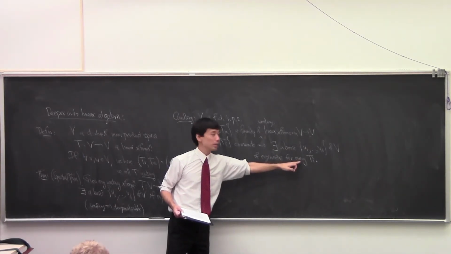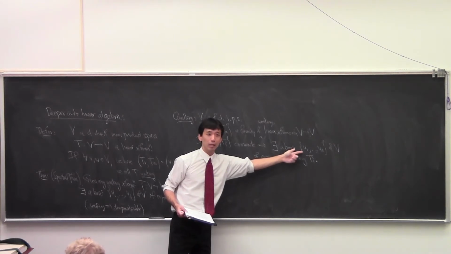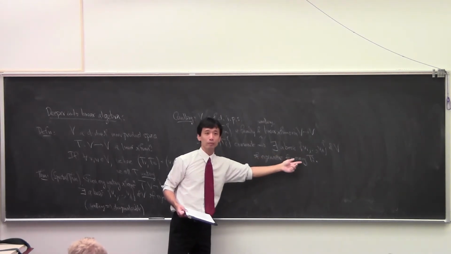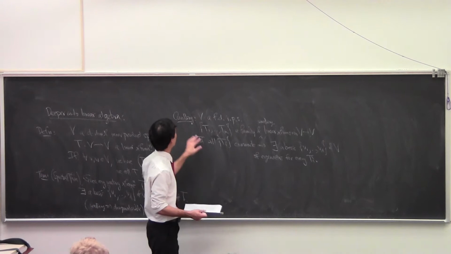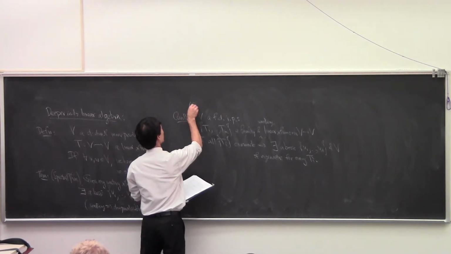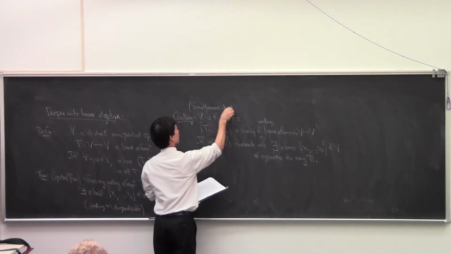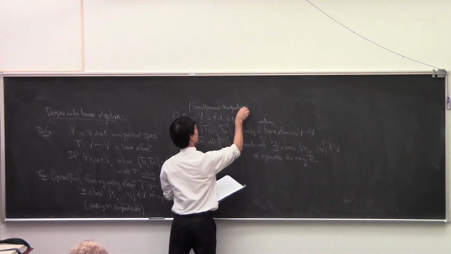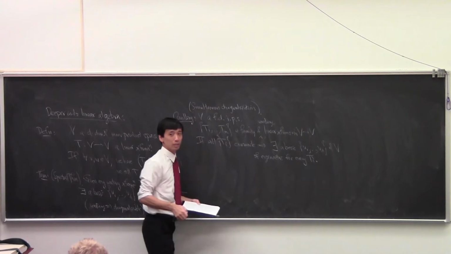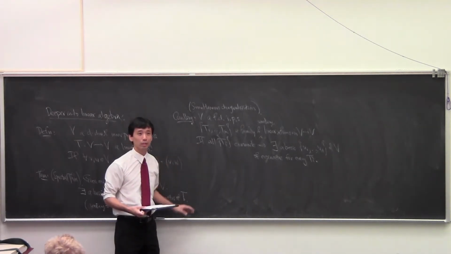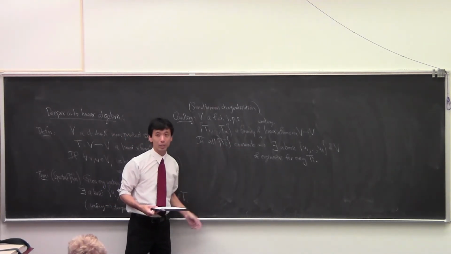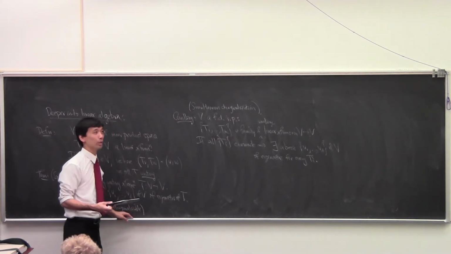That is to say, you can find a basis that diagonalizes all members of the family simultaneously. So we can think of this as not just diagonalizing one matrix, but diagonalizing a family simultaneously as long as they commute with each other. And of course, the commutation will be the important part.